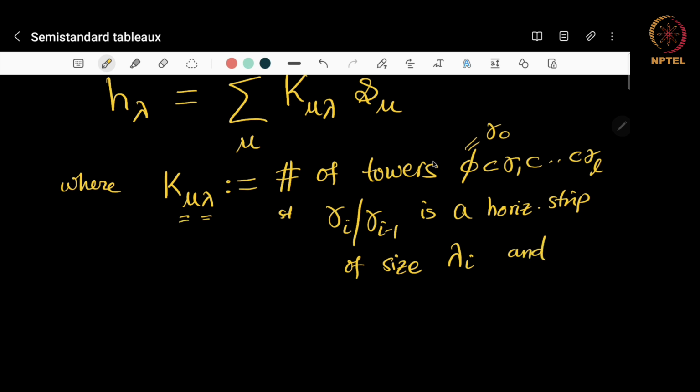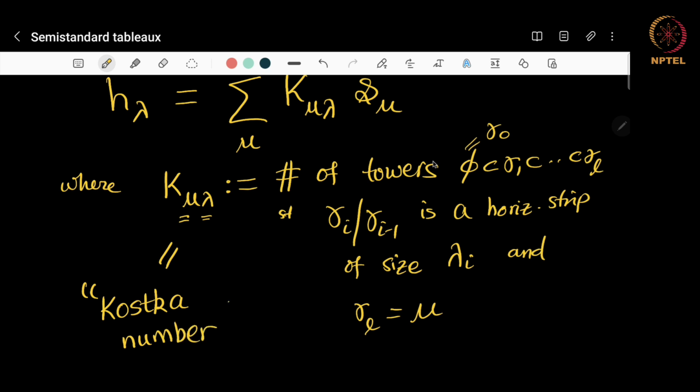And where does the mu come in? The mu is the end point, and gamma L is equal to mu. So it is the number of towers going from the empty shape to the shape mu, such that at every subsequent step you are adding lambda I many boxes. That number is given the notation k mu lambda, and this is called the Kostka number. The Kostka number measures the number of such towers, if you will.